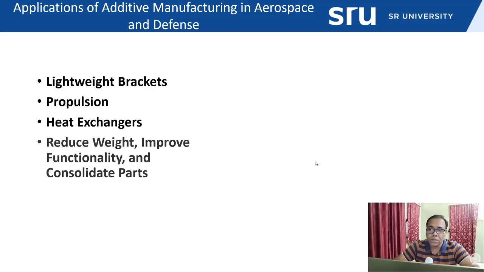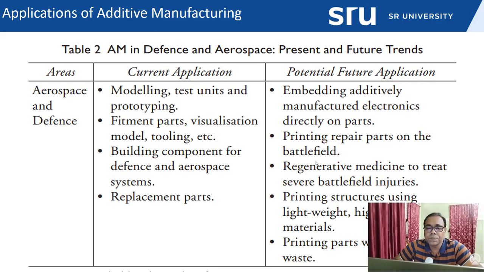Why? Because this kind of product has a very complex profile or geometry, and making such complex geometry and profiles is very difficult using conventional manufacturing techniques. But using this process, one can easily design and manufacture products like propulsion valves and heat exchangers, and lightweight and functionally graded consolidated parts can also be manufactured.